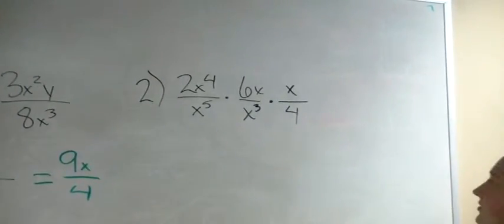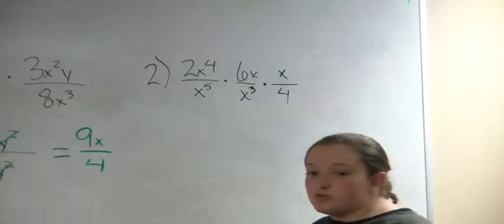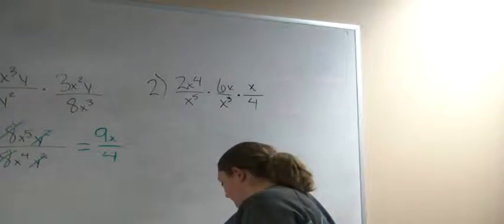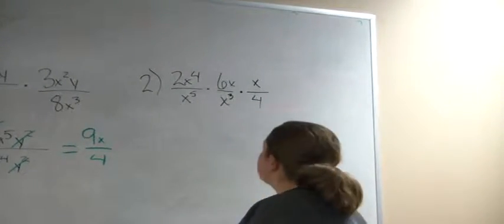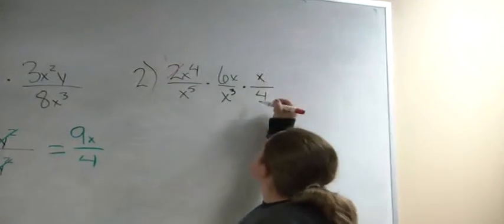So, since we have the 2 and the 4, I'm going to reduce first to make it easier to multiply. First I'm going to reduce the 2 and the 4. So we're left with 1 and 2.